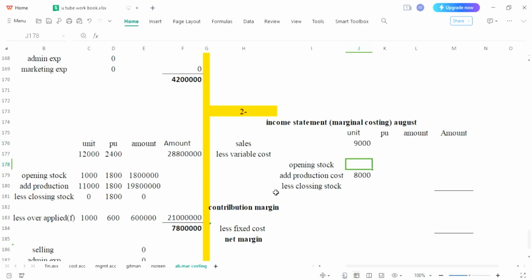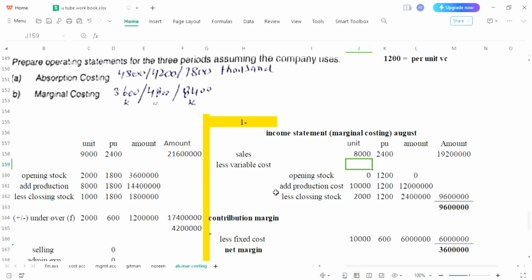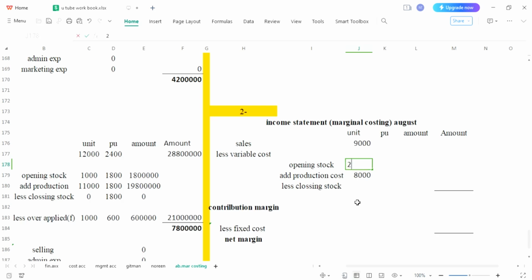And again for opening stock, what you will do, you will see first part. Closing stock of first part would be opening stock of second part. So closing stock 2000 and opening stock of next period would also be 2000. So whatever is closing stock for the previous month would be opening stock of the next month. And now we will decide if there is any closing stock.